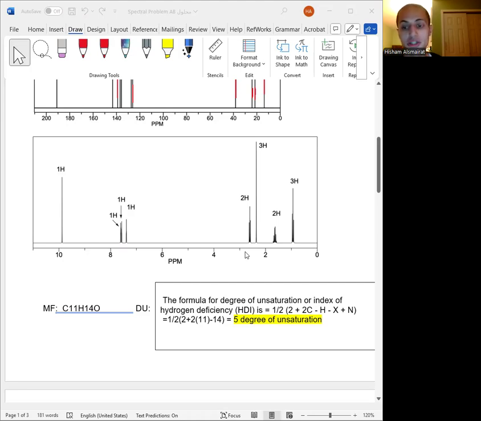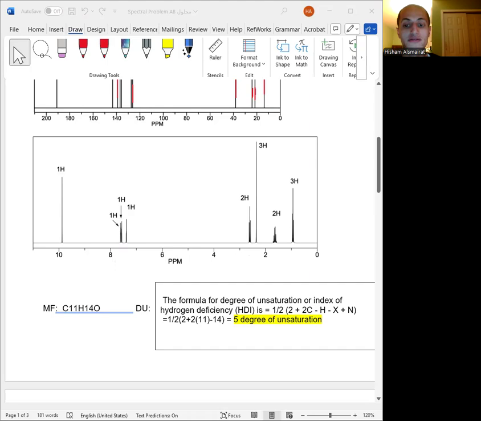Integration is 2, multiplicity is triplet, interpretation is 2 hydrogens. This is the benzylic CH2 directly attached to the aromatic ring, coupling to the middle CH2.